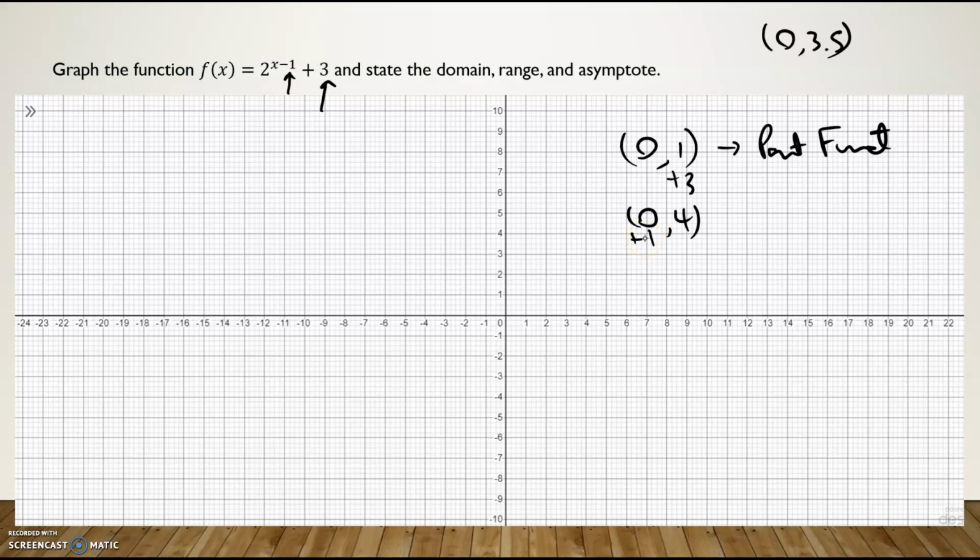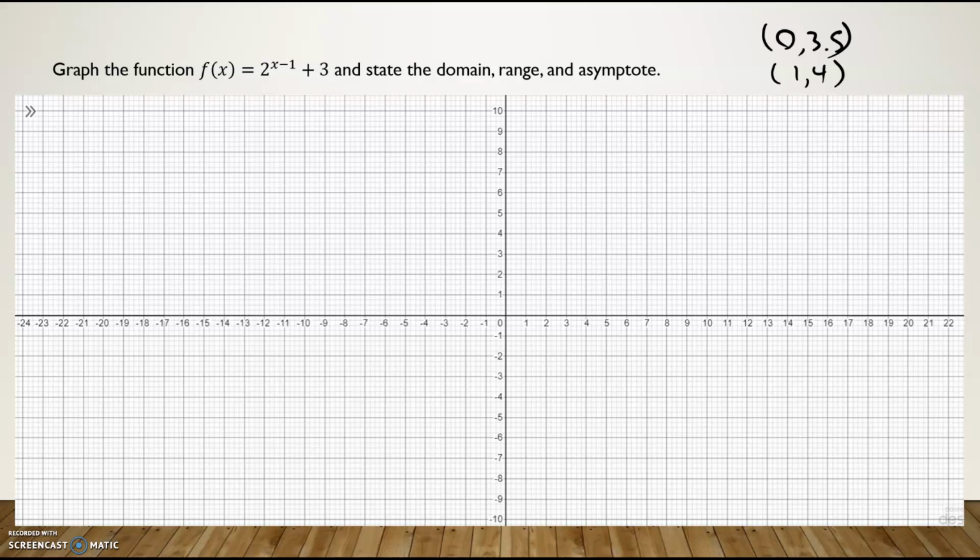So I'm going to add 1 to my x value, so that'll be 1, 4. Okay, let's look at b. b is 2, so b is greater than 1, so it's increasing. We have another increasing function. We have a horizontal asymptote at y is equal to 3.